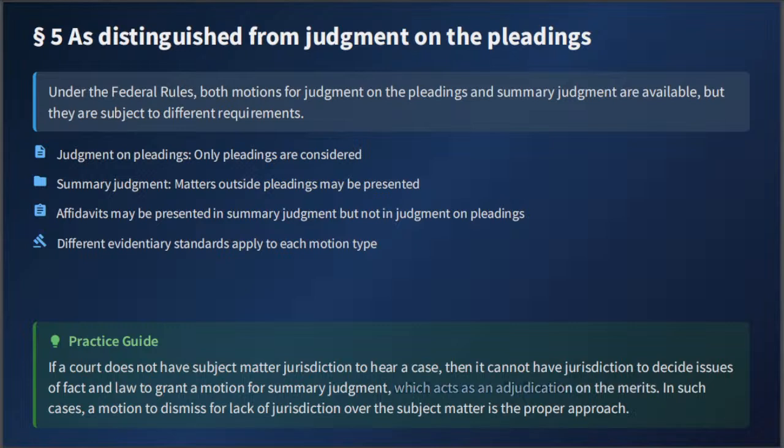In such cases, a motion to dismiss for lack of jurisdiction over subject matter is the proper approach, instead of a summary judgment. So you see that nice distinction there between a judgment on the pleadings and a summary judgment. The summary judgment would have that additional evidence, different evidentiary standards, and in some cases, the proper remedy.